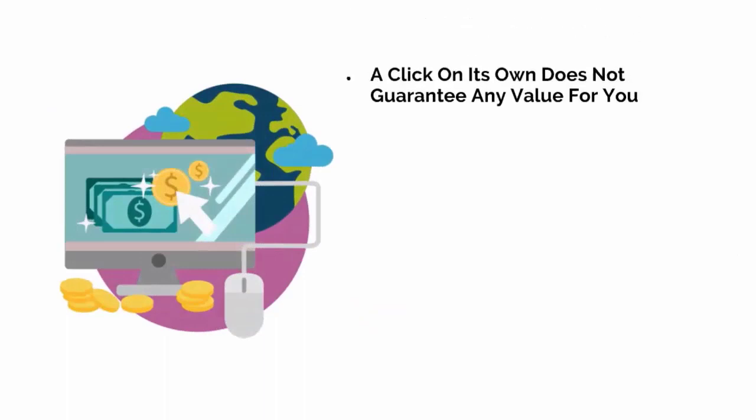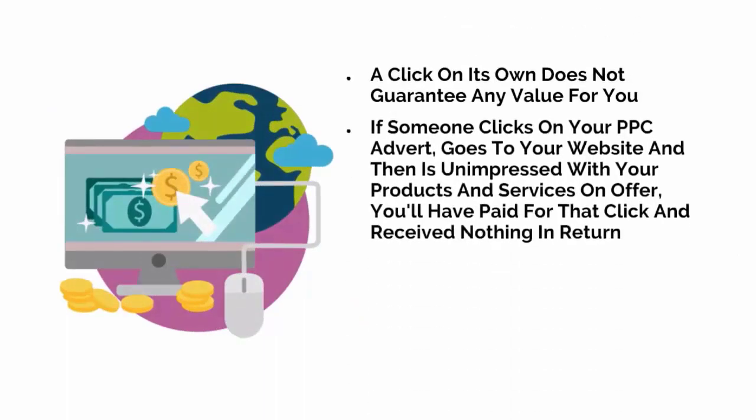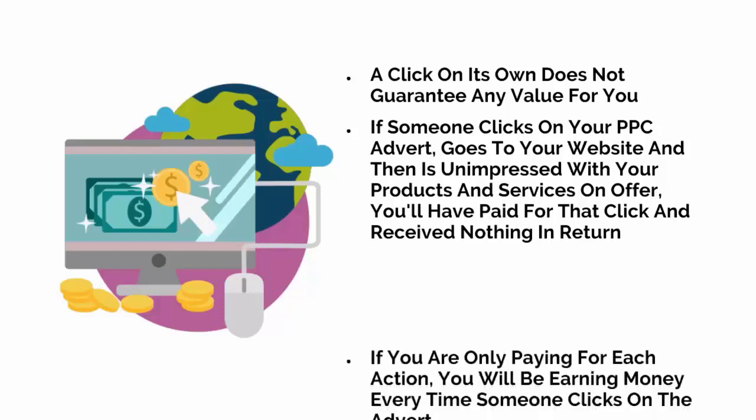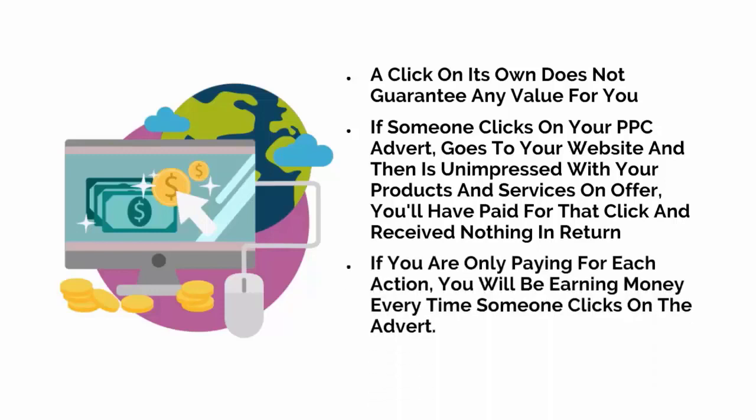You see, a click on its own does not guarantee any value for you. If someone clicks on your PPC advert, goes to your website and then is unimpressed with the products and services on offer, you'll have paid for that click and received nothing in return. On the other hand though, if you're only paying for each action, then you will be earning money for every time someone clicks on the advert.